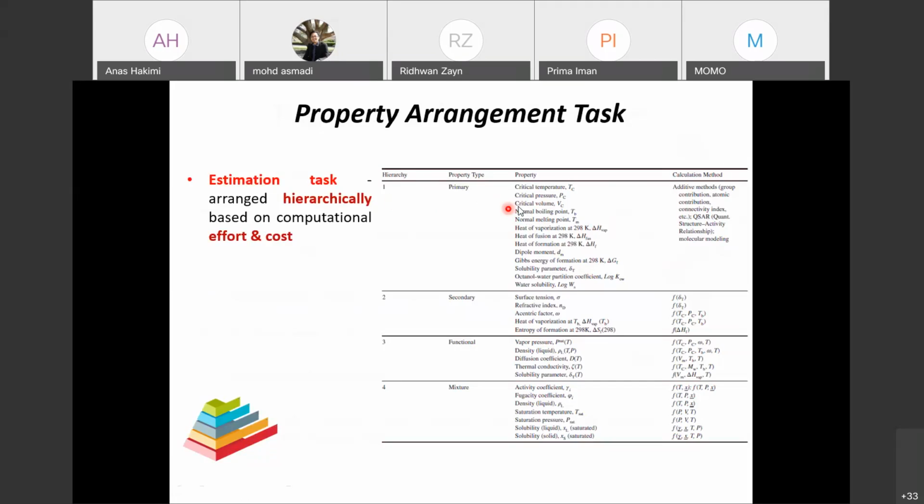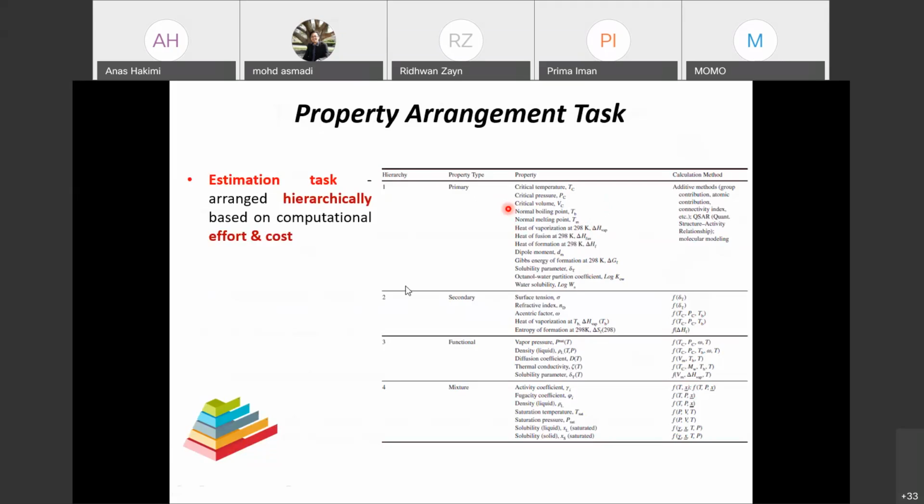So the primary target properties are the normal boiling point as well as the normal melting point with a certain constraint. What is the material or compound whose phase is liquid at room temperature? So you calculate, and then you can reduce the number of target compounds from 1,000 to 500.